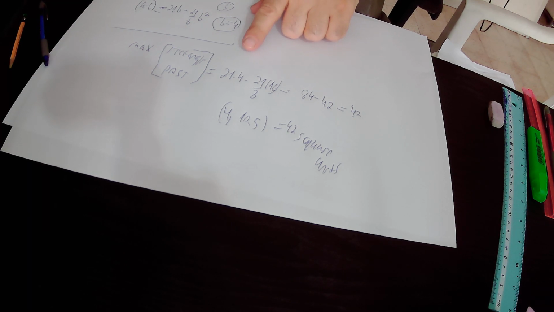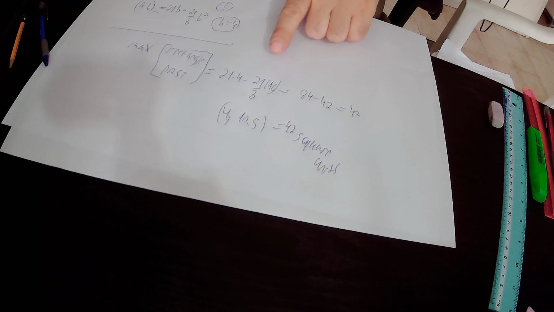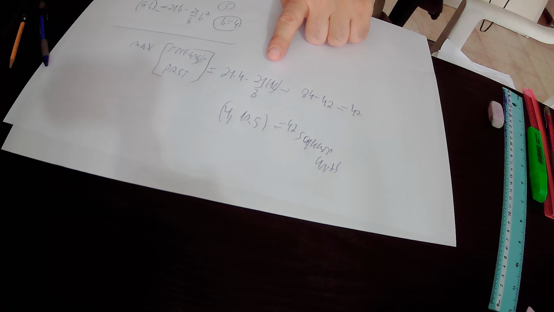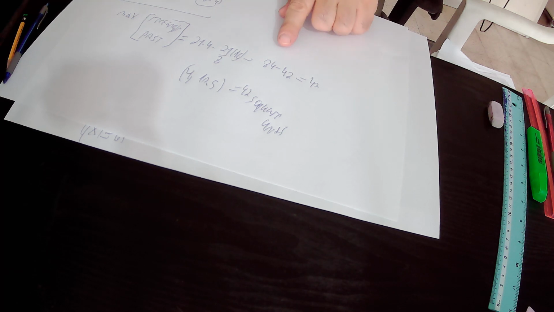So the maximum area of rectangle PQST equals to 21 times 4, that is 84, minus 16 over 8 which is 2, and 2 times 21 is 42. So in total, we found out that the maximum area equals to 84 minus 42, that is 42.